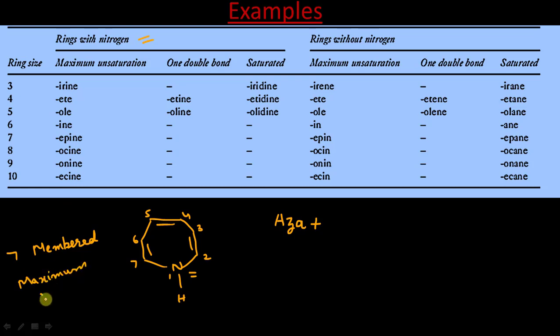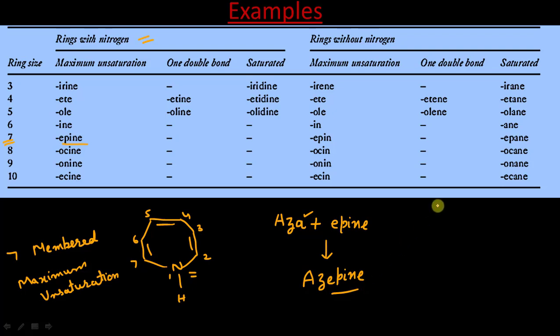Let us see where does it belong. 7-membered ring, maximum unsaturation, it is epine. So the name becomes, we have to drop this vowel, azepine. So this is the name of this compound.